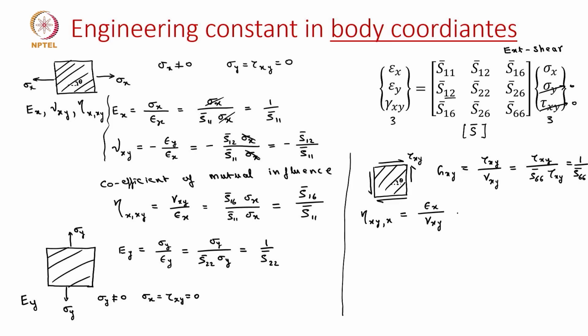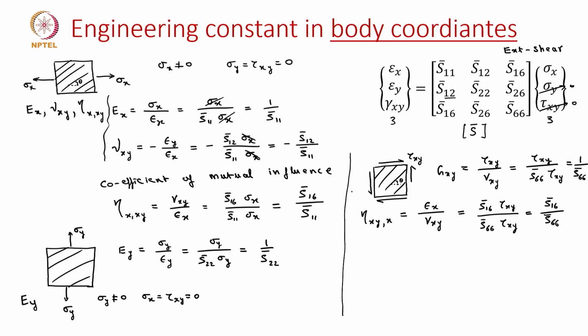How can we write this? Epsilon x will be S16 bar times tau xy, and gamma xy is S66 bar times tau xy, which should give it as the ratio S16 bar by S66 bar.